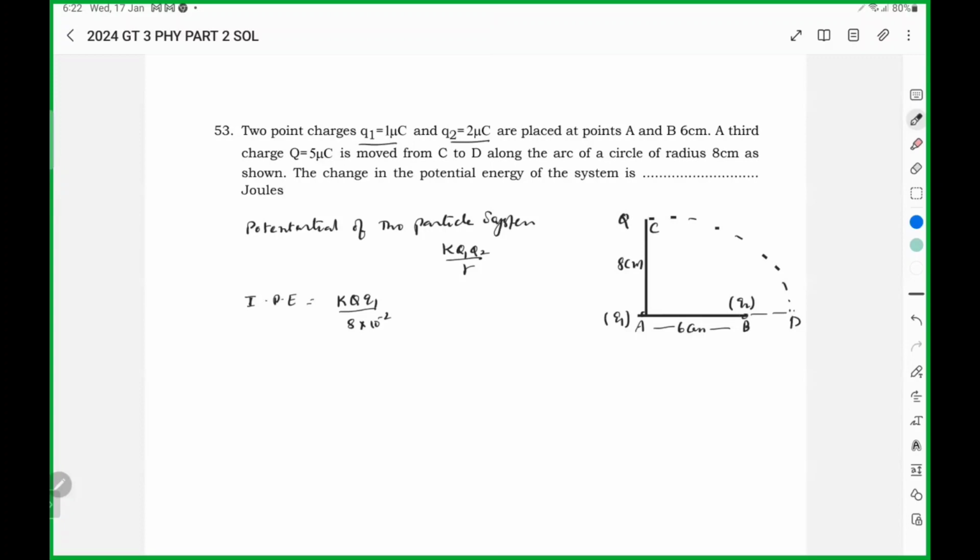Between these two also there is energy, Q1 Q2 by 6 centimeters, and between capital Q and Q2, which is 8 square plus 6 square, 10 centimeters.